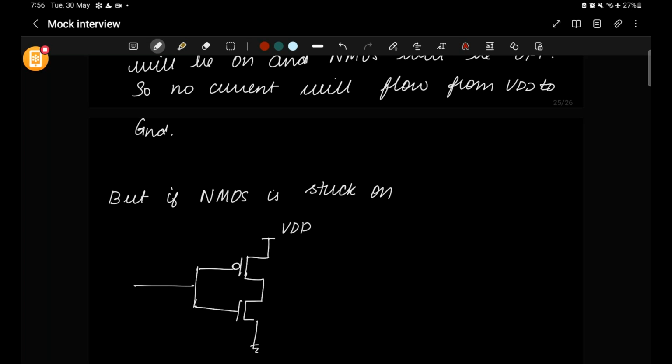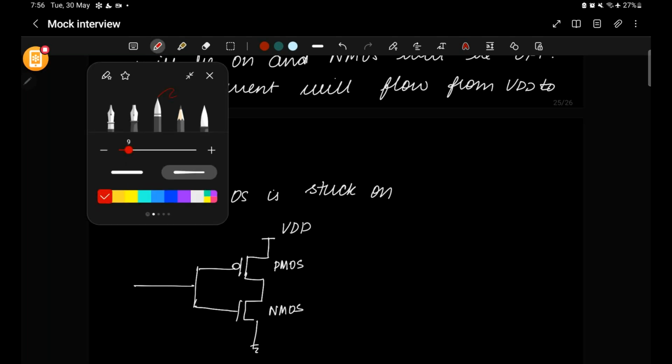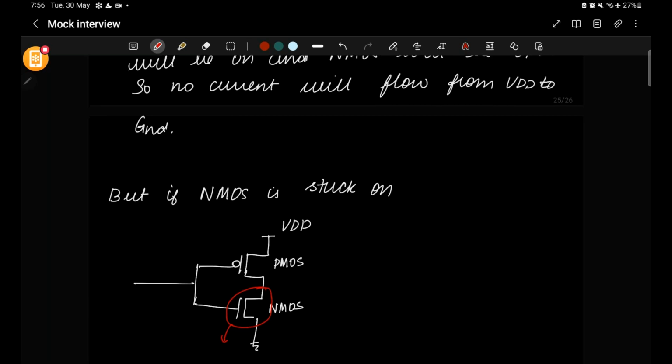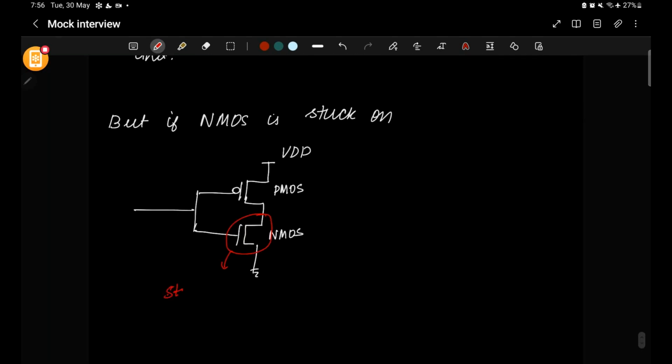Sorry. So if NMOS is stuck on, imagine that this is stuck on because of some manufacturing defect. Stuck on means the faulty transistor will always be on.